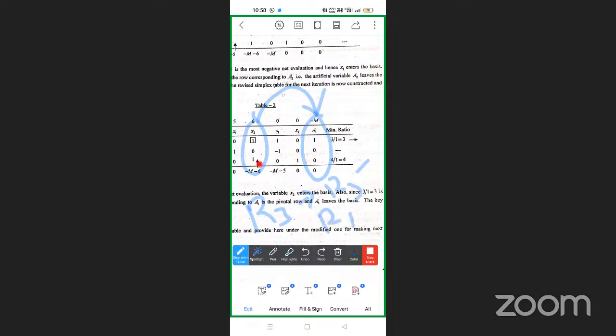So we are getting 0 here, because X2 is replaced by A1 in the matrix. This is the row operation.